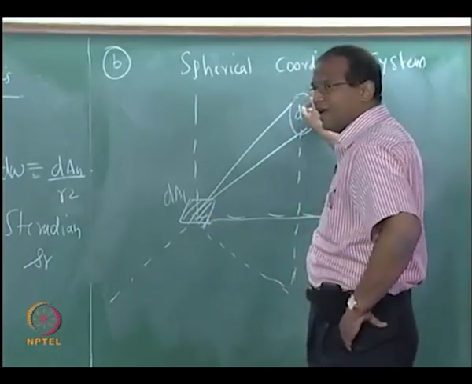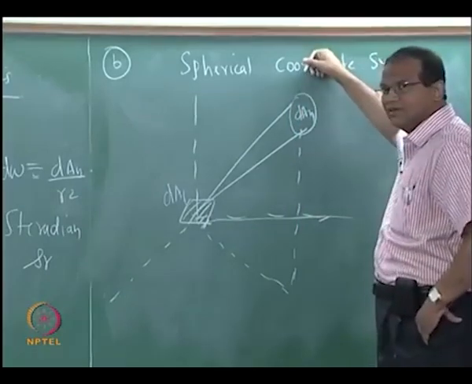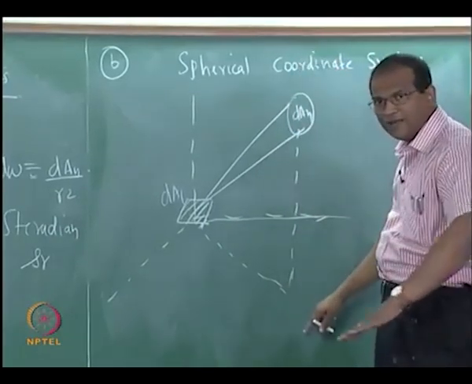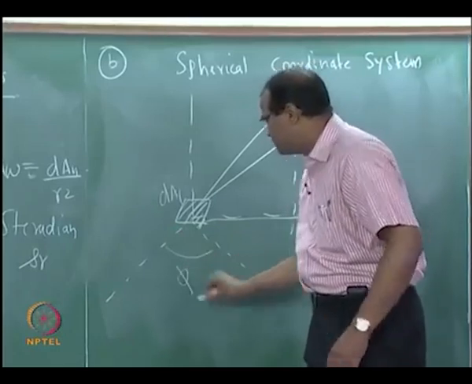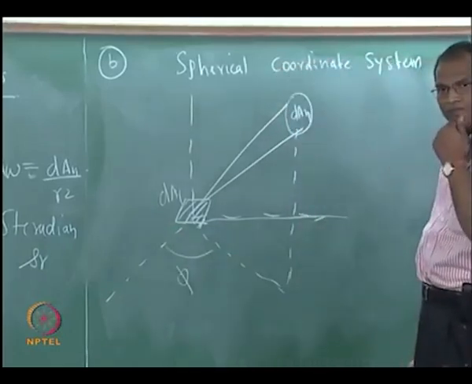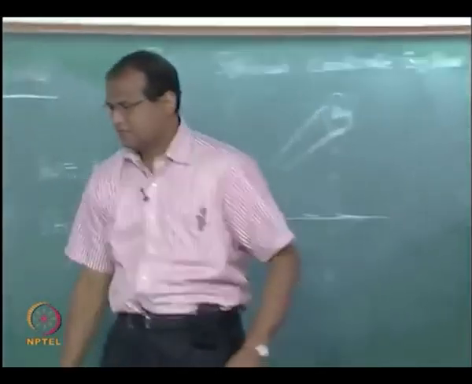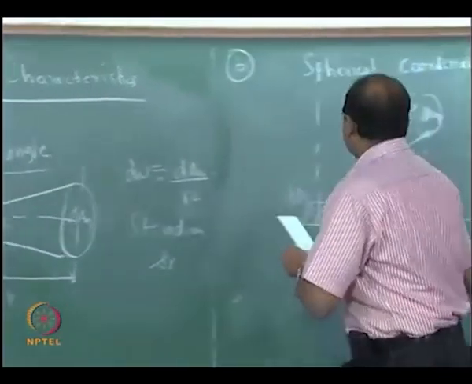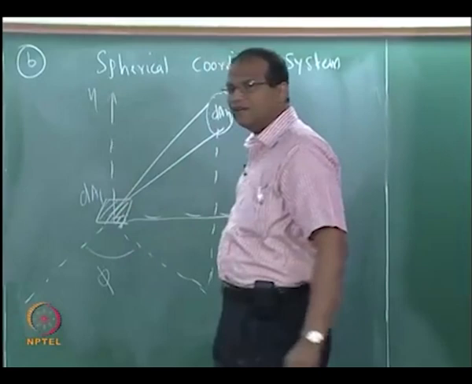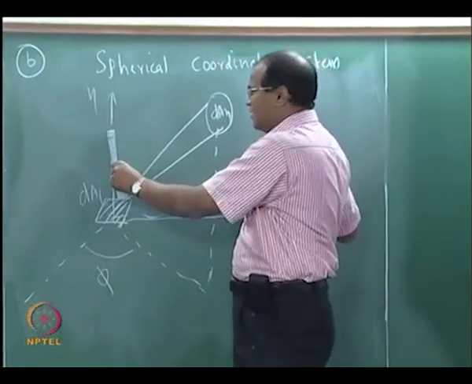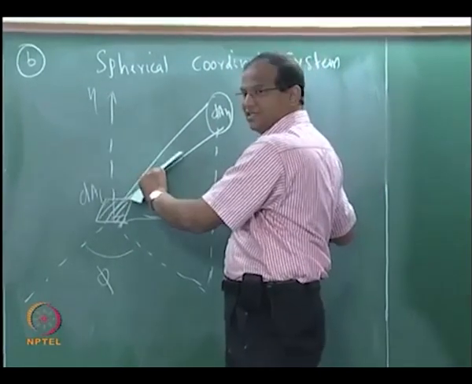Now you can shine a torchlight on this, then its shadow will fall on the xy plane, okay, then this angle is called phi. And for example, this is your n unit vector which is vertical, and this dA is like this.